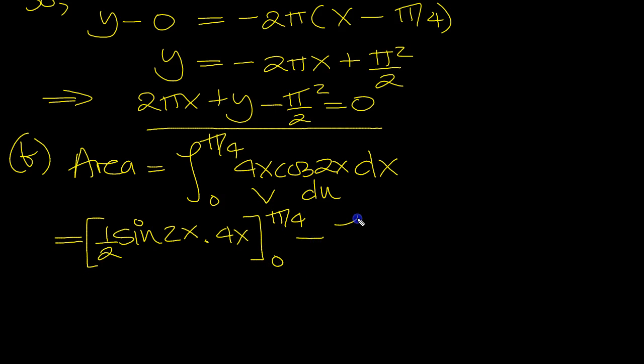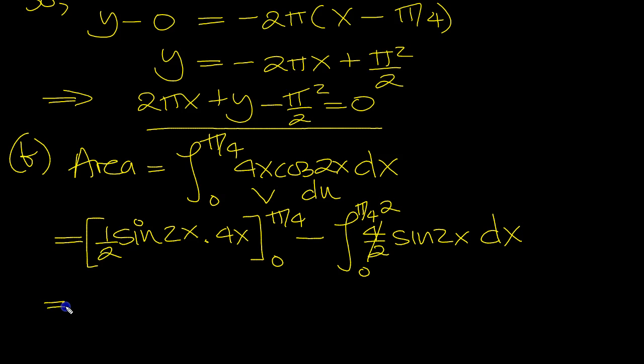That's the uv minus the integral of u, which is this, times the v dx, and that differentiates to 4, so I'll put the 4 here, dx. So this just cancels down to 2, between 0 and pi over 4.